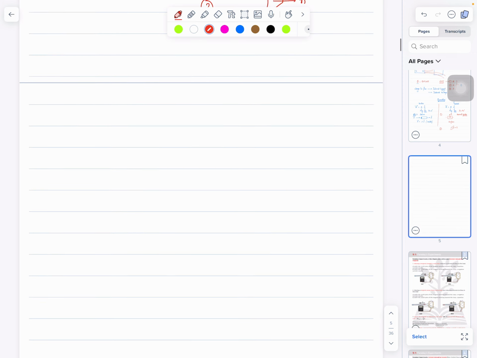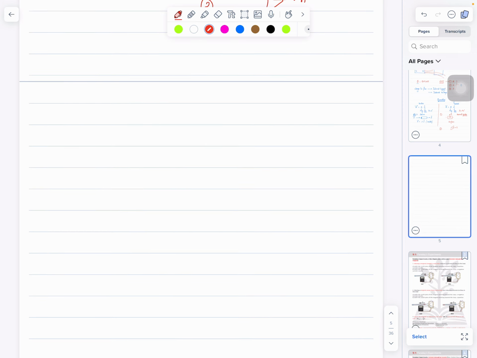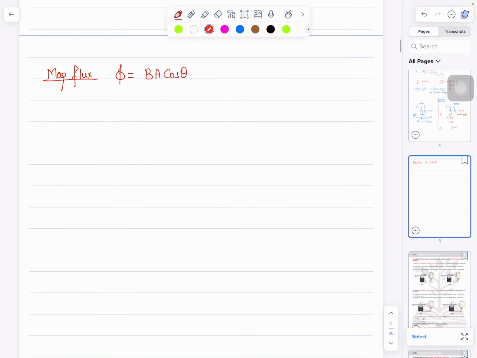I'm going to add a page for you guys, and then I'm going to explain the concept of magnetic flux. So till now we understand magnetic flux, yes or no? We understand phi is equal to BA cos theta. Now what we need to understand is there are two factors. B is a vector, so can I say B cap? This is your magnetic field.